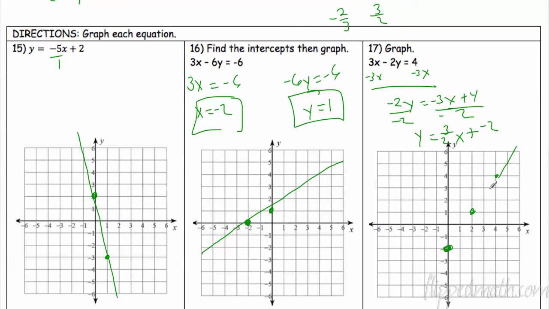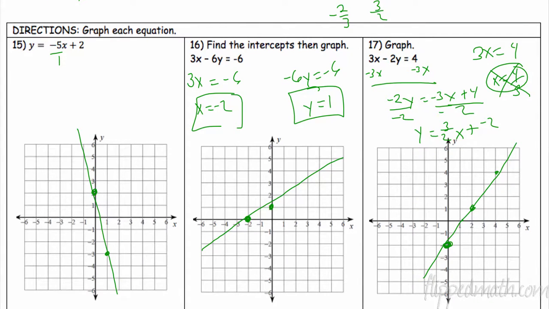Remember, you cannot use standard form and find the intercepts and graph that way if this comes out as a decimal. When I divide by 4, that's not accurate. I don't want that on the graph, okay? You can see it kind of meets right here. It doesn't meet at 1, it meets like right here. How would you be able to approximate that? You wouldn't be able to. All right? Okay, what do we got next?